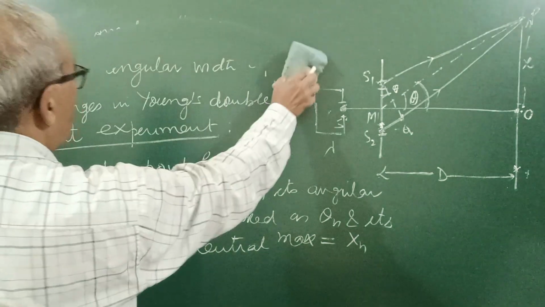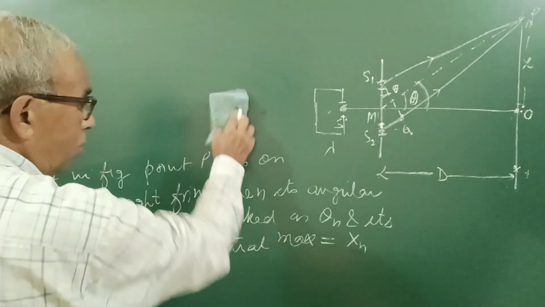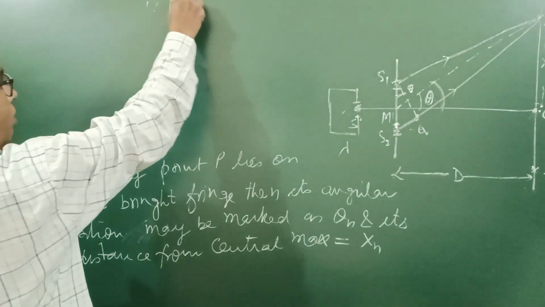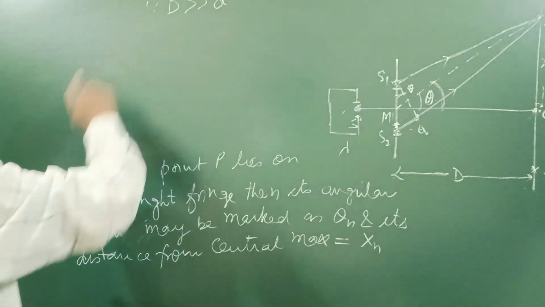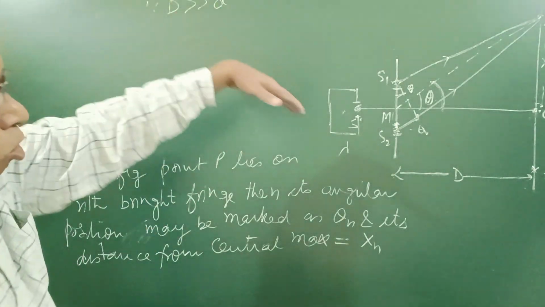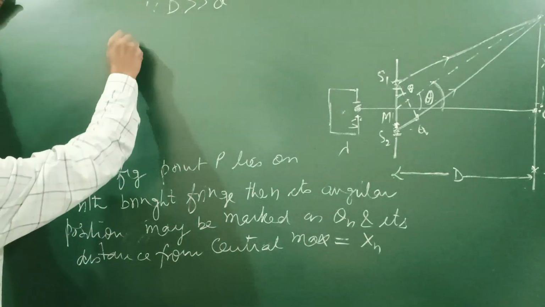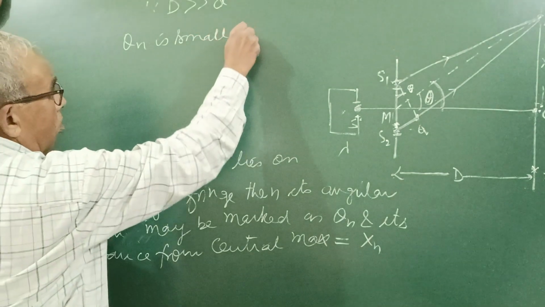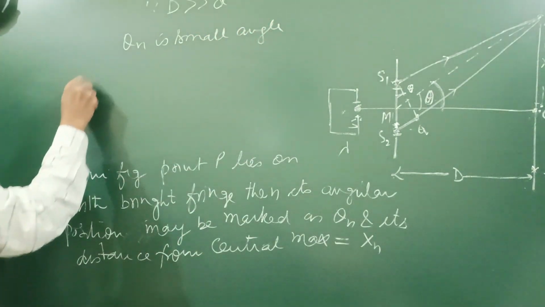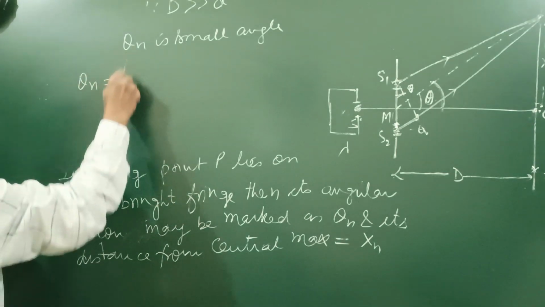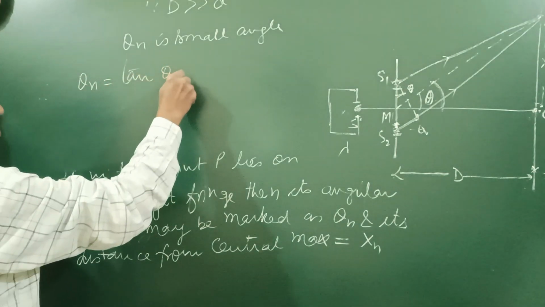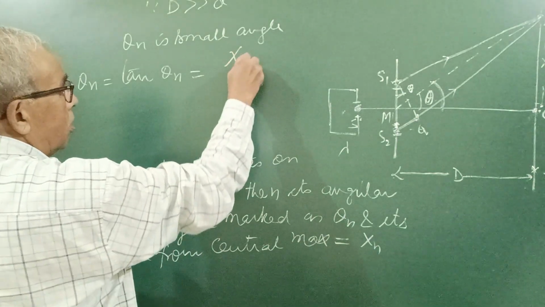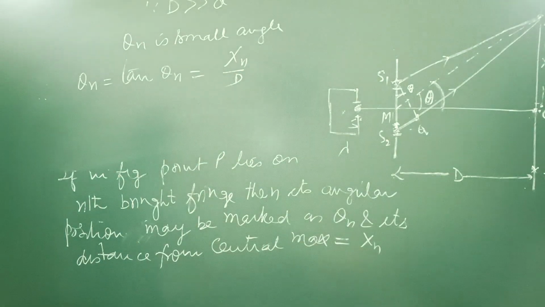Now theta here is a small angle. Why? Because capital D is very much greater than small d. I have told you that D is of meter order, small d is millimeter or a fraction of millimeter. So theta n is a small angle, and hence theta n equals tan theta n equals xn upon D. What is xn?